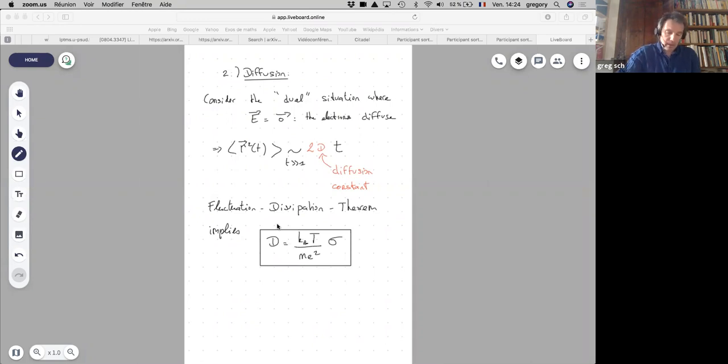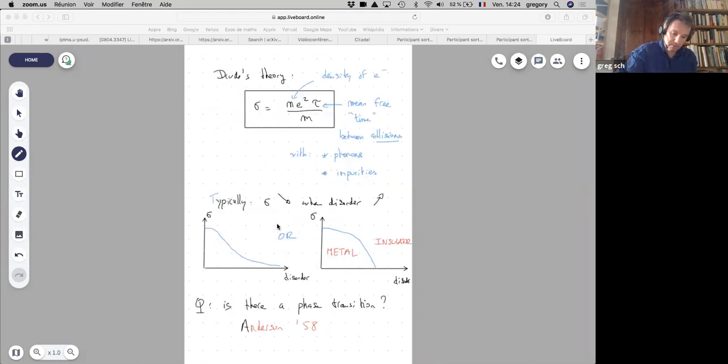But you see that the conductivity that I was talking about before has actually a direct consequence on D and on the diffusion property of the system. So if I just want to make a connection between what I was saying before and this context here, basically, how does this translate in terms of the diffusion?